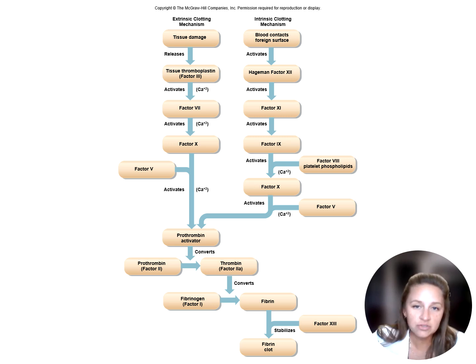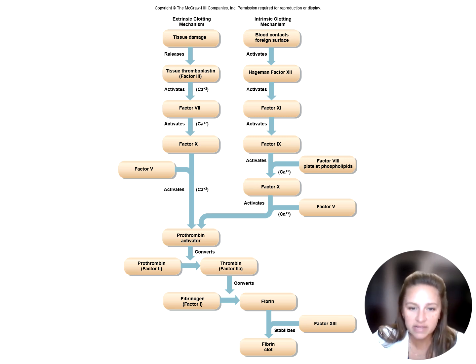If it's an intrinsic clotting method, intrinsic means that the blood contacted a foreign surface and the blood activated this Hageman factor, factor 7, and this now activates this cascade of steps that results in a fibrin clot.